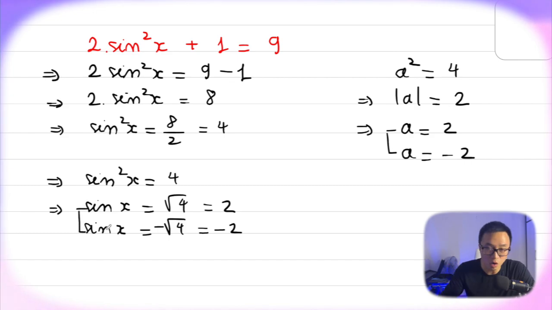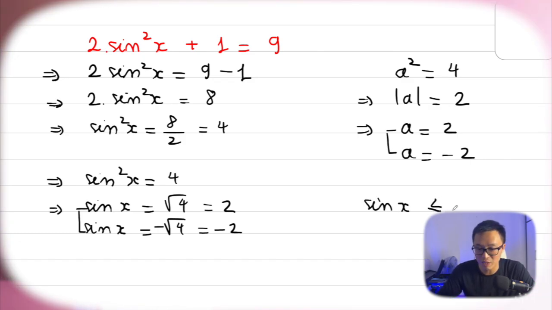But in this case, both of these equations have no solution. Why? Because the range of sine h has to be from minus 1 to 1. It means minus 1 is less than or equal to sine h, which is less than or equal to 1.